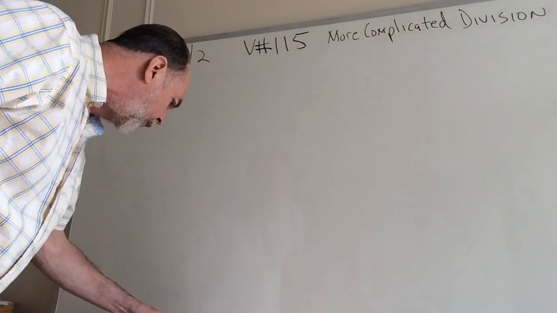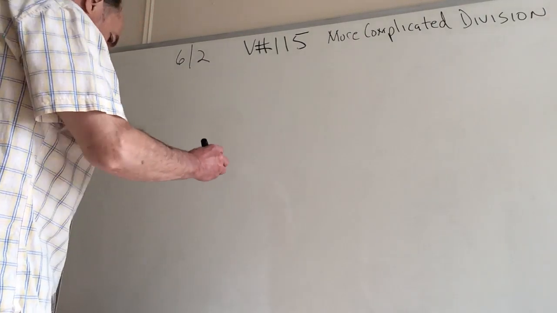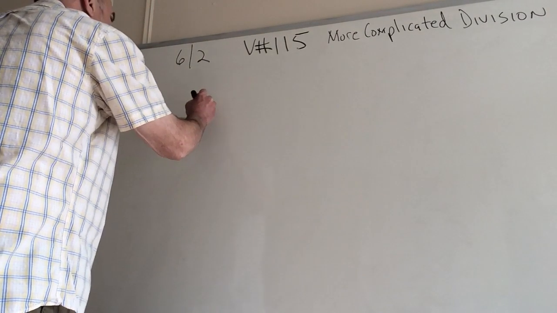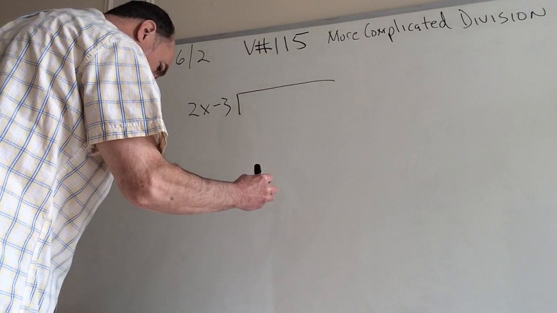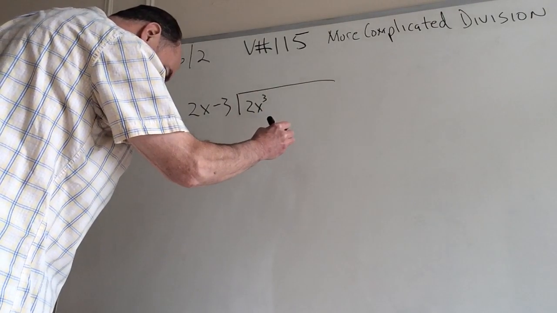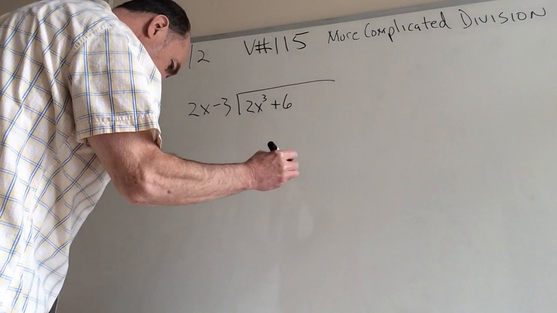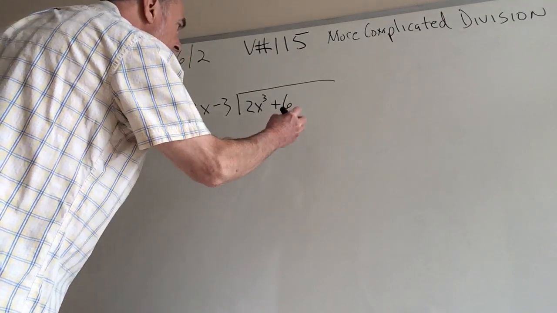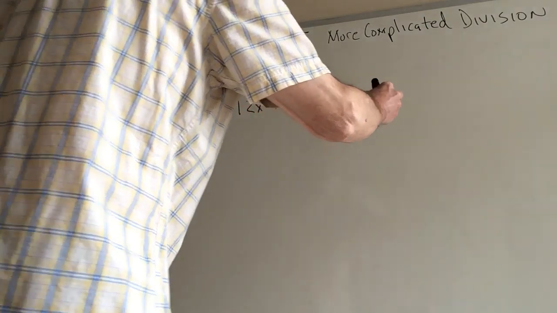So here we go, and let me see what we got here. Yeah, we'll just do this one right here, and we need to divide 2x minus 3 into 2x cubed plus 6x squared. Okay, plus 6x squared minus, whoops, sorry about that.